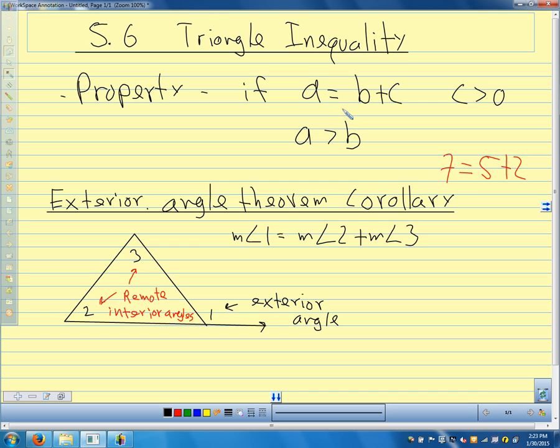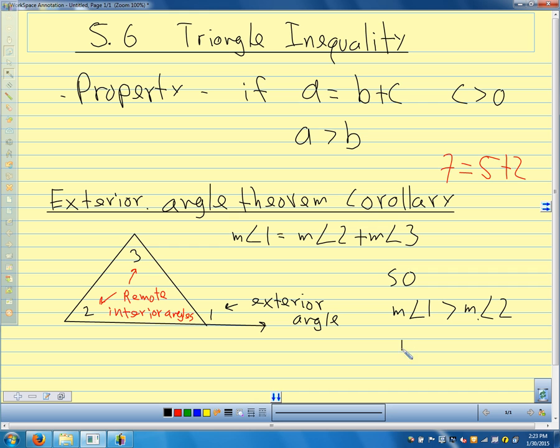Well, looking up above here, what does that tell us about angle 1, angle 2, and angle 3? 1 is greater than 2. And does it matter which order I put these in? 2 and 3?